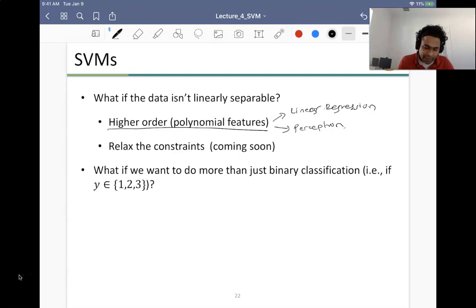The other way of dealing with non-linear separability. The first case, with higher order features, means the data is inherently separable, just not linearly separable. So we need, in some sense, higher order features.